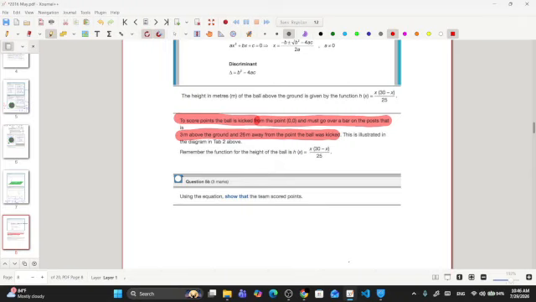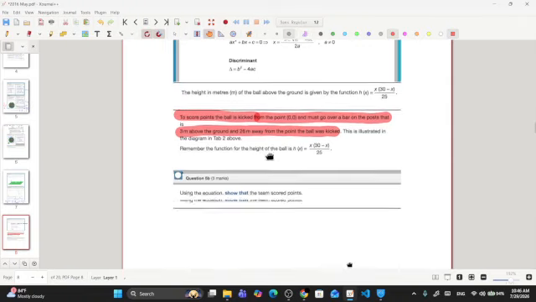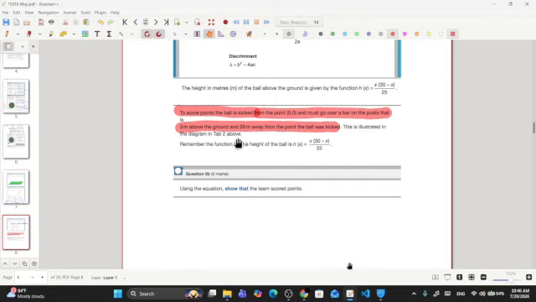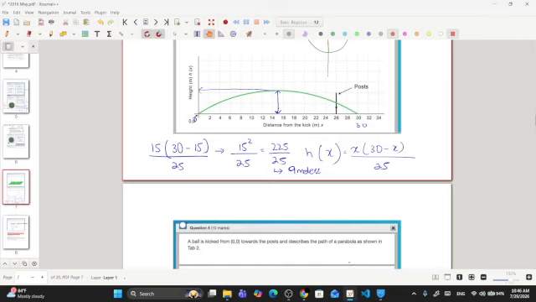So how to prove? Considering that the condition to meet is that the ball should be at least 3 meters above the ground and 26 meters away from the point where the ball was kicked. In order to score a goal, you should be at this point, at 26.